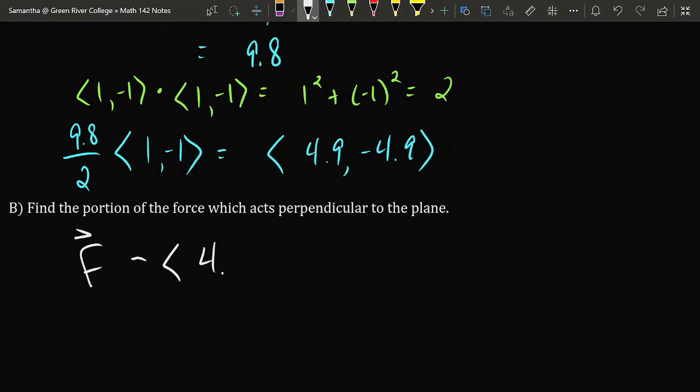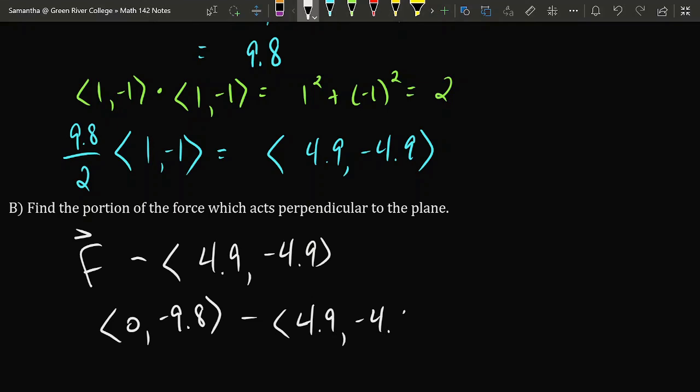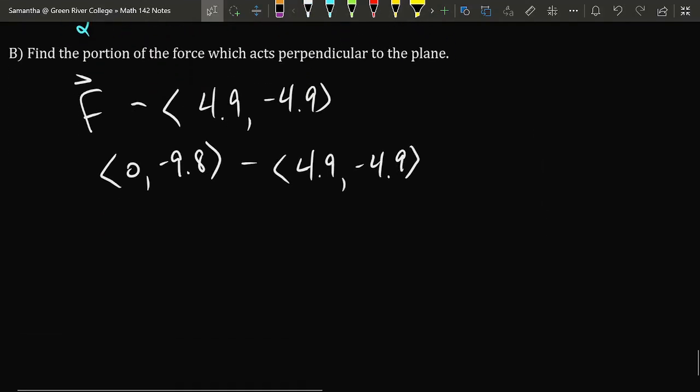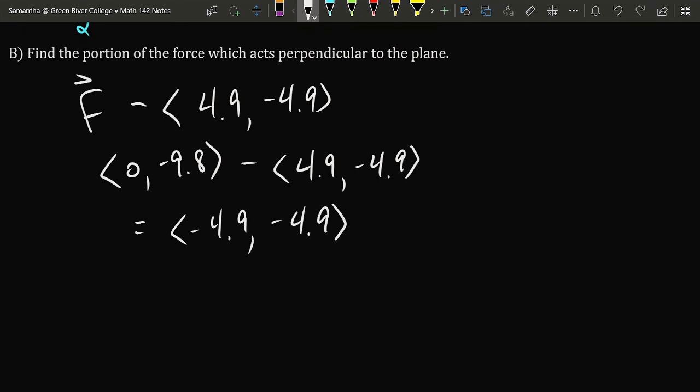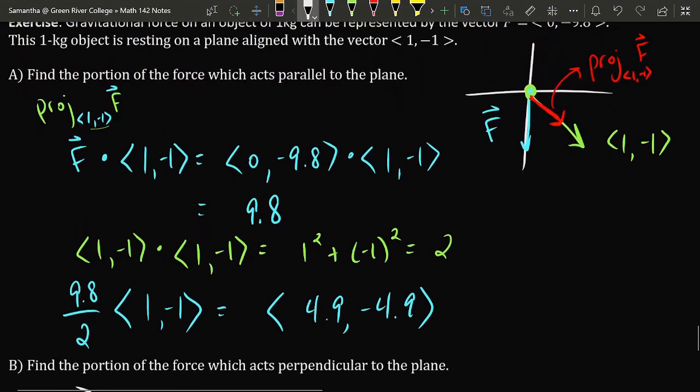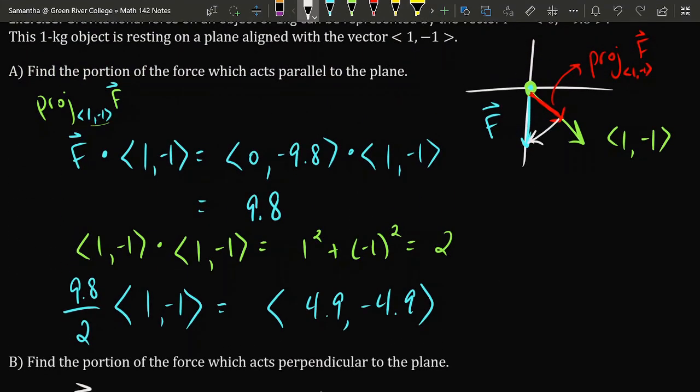Force vector minus 4.9, negative 4.9. This works out to be the vector negative 4.9, negative 4.9, after completing this arithmetic. That vector, roughly speaking, is right about here, drawn in white. Perpendicular portion.